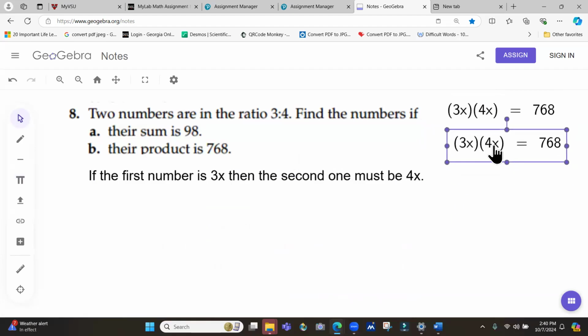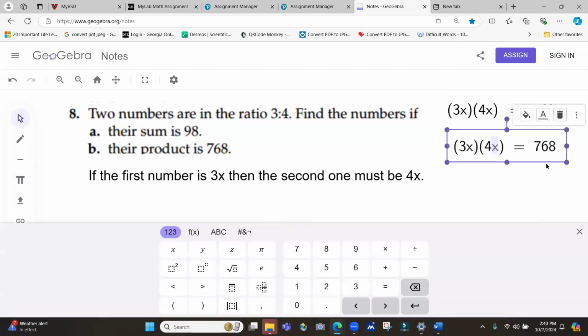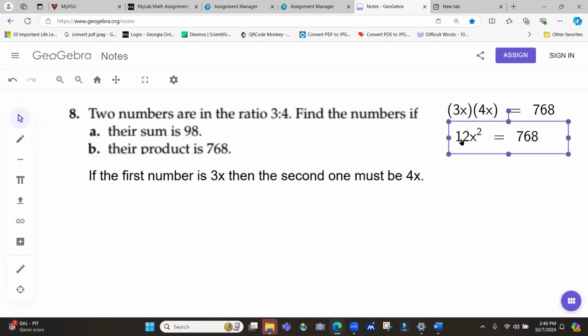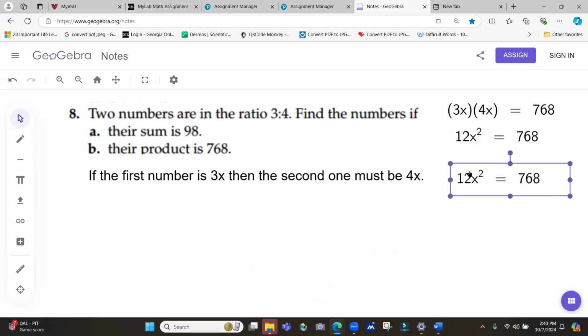On the left-hand side, 3 times 4 is 12. X times x is x squared. Don't forget to do that and just write x, you'll be off. All right. On the left-hand side now, I have 12x squared. If you divide both sides by 12, what do we get?